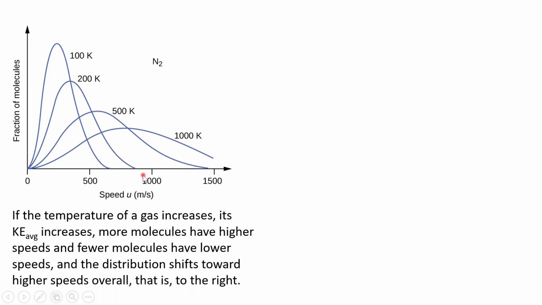The molecules have their speed spread out a little bit more. If we look at nitrogen gas at 1000 Kelvin, this would be our distribution. So if the temperature of the gas increases, the average kinetic energy increases, more of the molecules have a higher speed and fewer of the molecules have a lower speed. And the distribution gets spread out more towards the right.